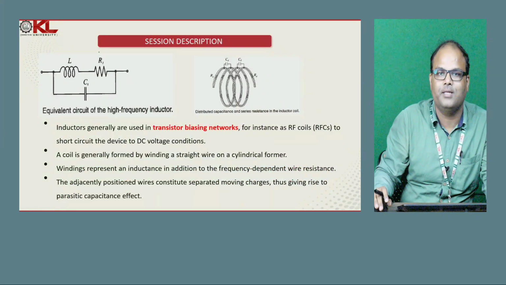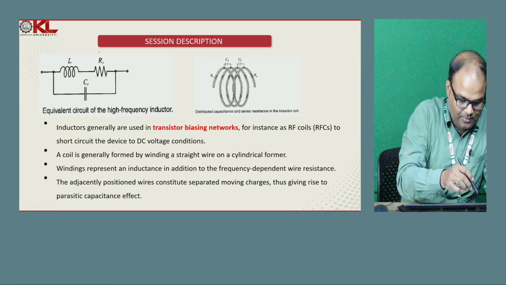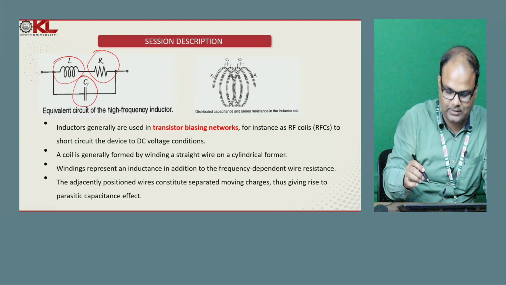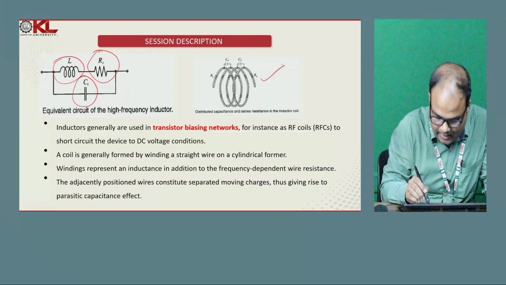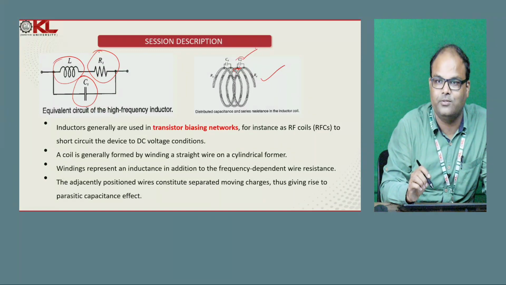So here I have given a high frequency equivalent circuit. If it is an inductor, then there is a stray resistance and stray capacitance. If you have a cable, then in between this space the capacitive effect comes into existence.